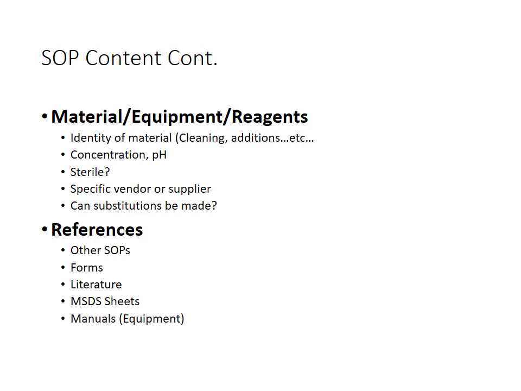Then you might want to talk about forms or literature that are appropriate for what you're doing, if there's something that backs up why you're doing that SOP. Another thing they like is MSDS sheets. So if you're talking about cleaning, attach to the back of the SOP your sodium percarbonate label and your peracetic acid label.